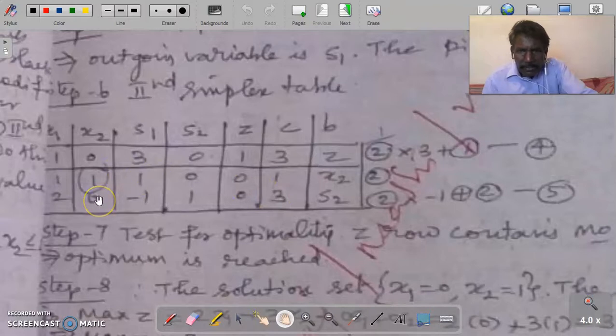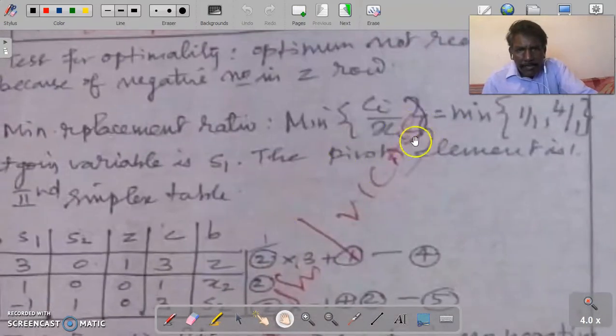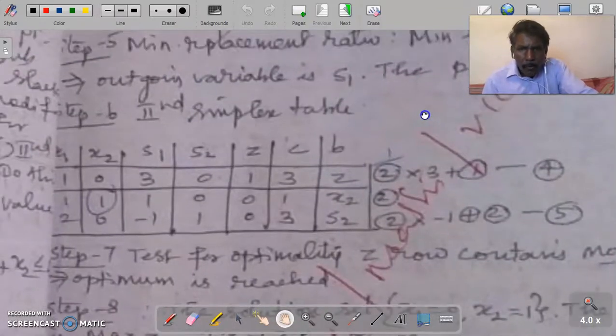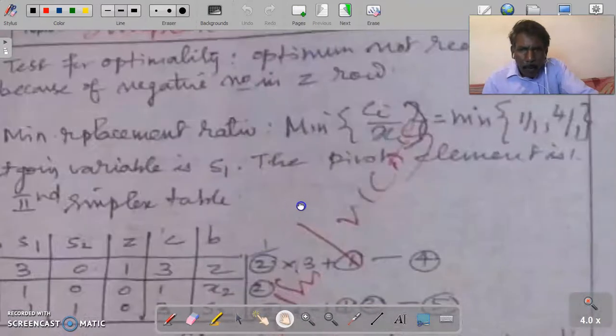That's called the minimum replacement ratio. We have to find it among 1 divided by 1 and 3 divided by 0.